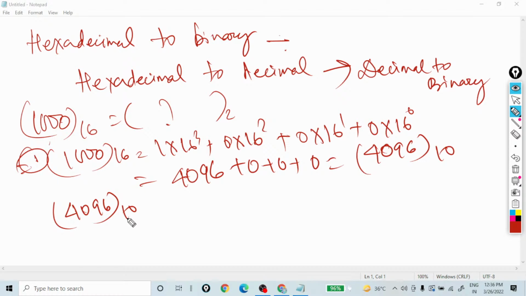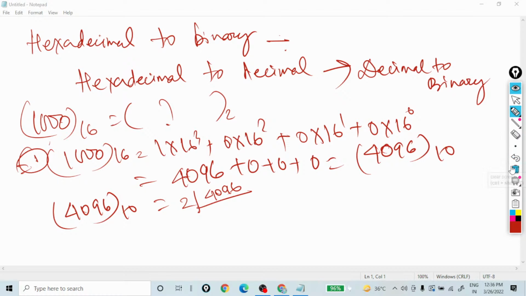Now we have to convert it to binary. How to convert decimal to binary we have already studied, right? That is dividing by 2, decimal format to binary format. So it will be like this: 4096 divided by 2. I am erasing one more page.